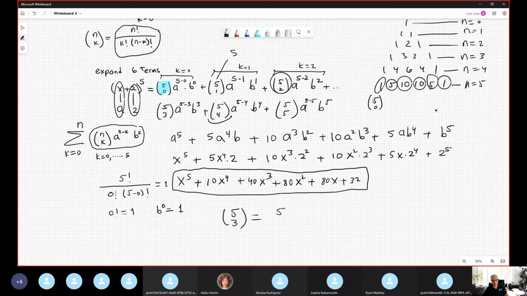Entonces 5 factorial divided by 3 factorial, multiplication by 5 minus 3, que es 2 factorial. Bueno, 2 factorial es 2, es 2 times 1. 3 factorial es 3 factorial, leave it like that. And 2 factorial is 2, because it's 2 times 1, no? And 1 is invisible.